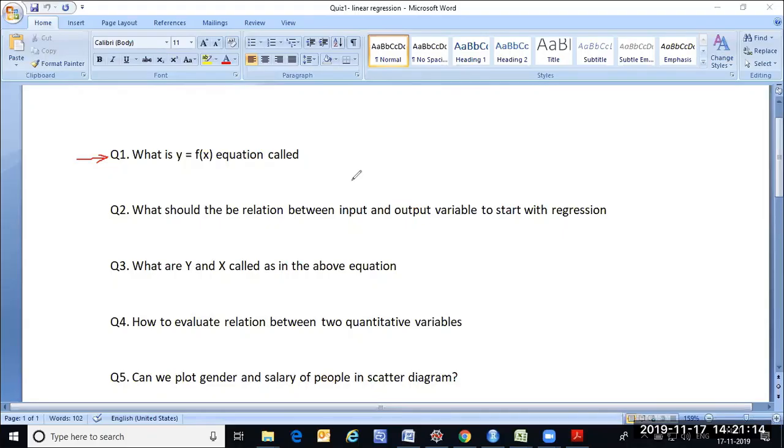When y is equal to f of x, y is the dependent variable whose values are going to be dependent on the function that you are applying on the x values. Now, the second question. What should be the basic relationship between input and output variables to start with regression?